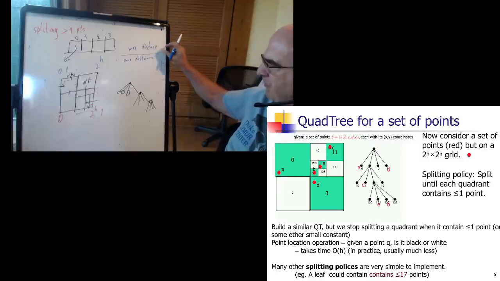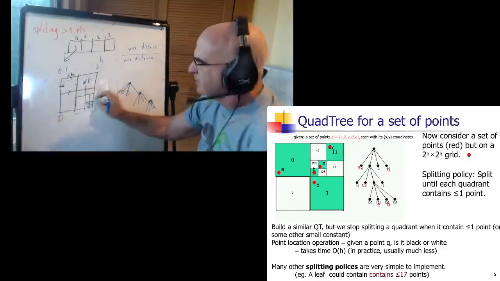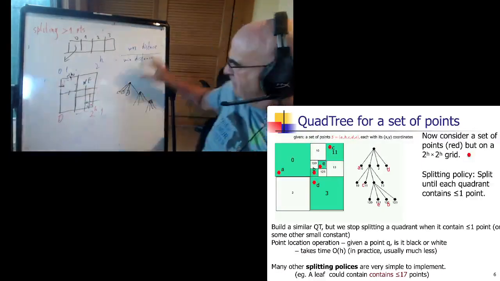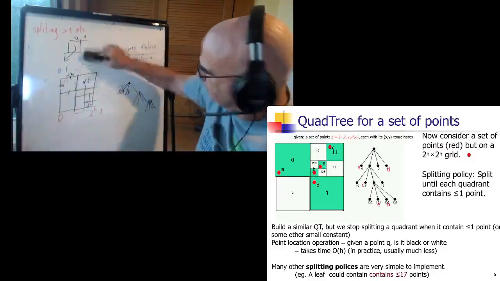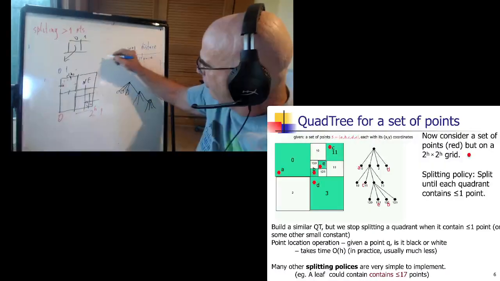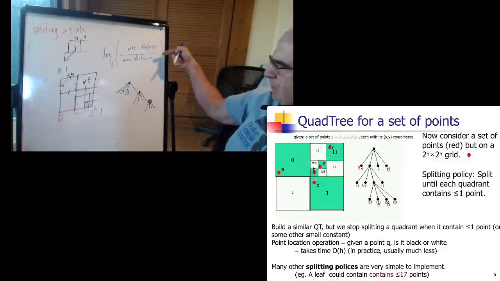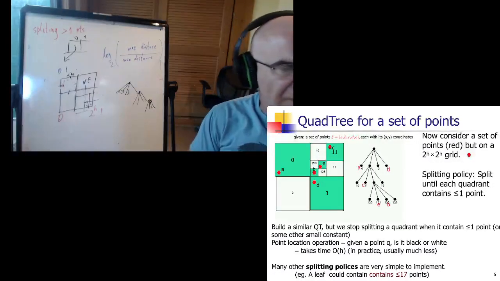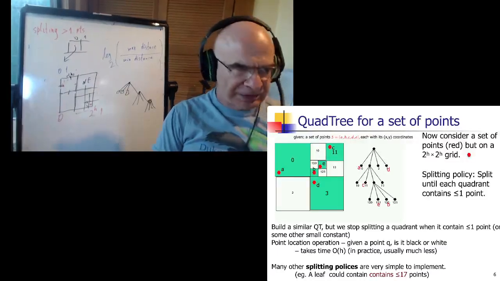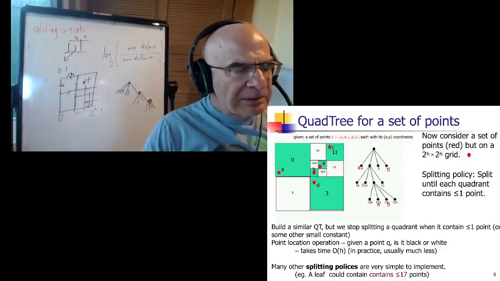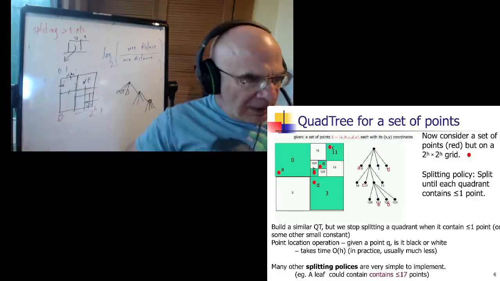Look at the ratio, log to the base 2 of the ratio between the maximum distance between any 2 points versus the minimum distance between any 2 points. That will tell you the maximum height of the quadtree. Okay, so that's the drawback of the quadtree unless you're doing something about it.